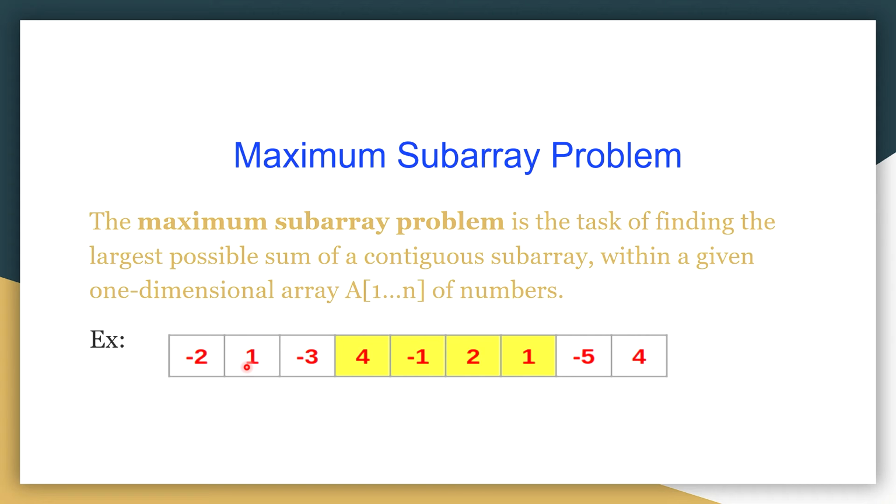Then we add 1 to the max ending here, since we declared the max ending here as 0 again, because we added a negative number and the max ending here became negative in the last iteration.